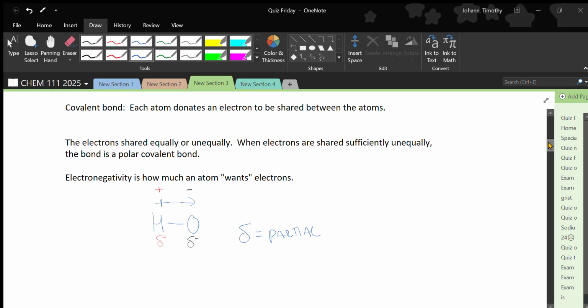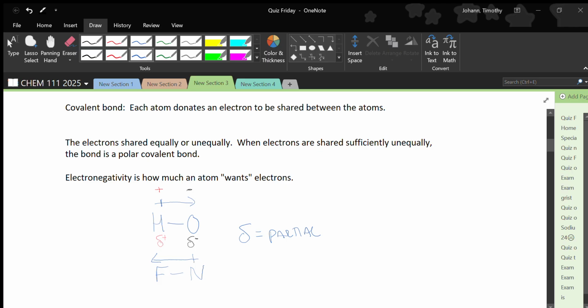We could do another one of these. Let's do fluorine and nitrogen. Let's say I had a fluorine-nitrogen bond. Look at your periodic table. Which of those atoms is going to want the electrons more? Which one is more electronegative? A little louder, I think I heard it. Fluorine, yeah. And so I would draw it like my arrow like this.